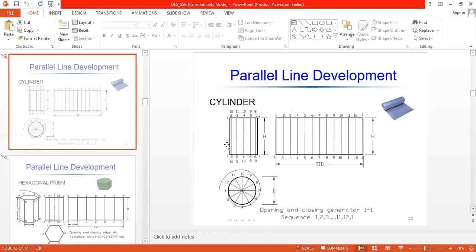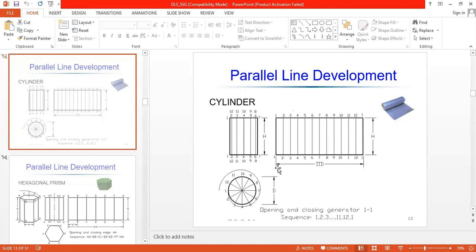Then take projection on the front view, and you can see 1 dash, then 2 and 12 coincide here, 3 and 11 coincide here, 4 and 10 generators coincide here, 5th and 9th generators coincide here, 8 and 6 generators coincide here, and the 7th one is here.